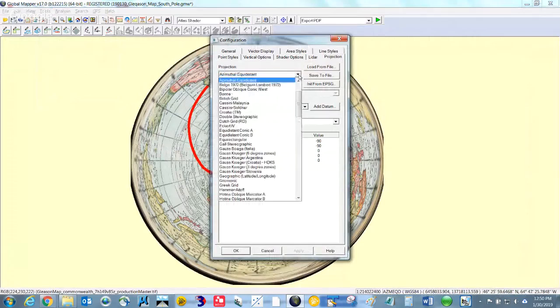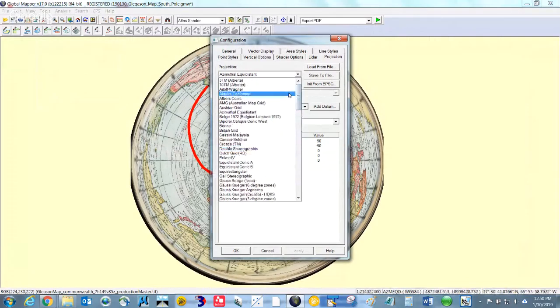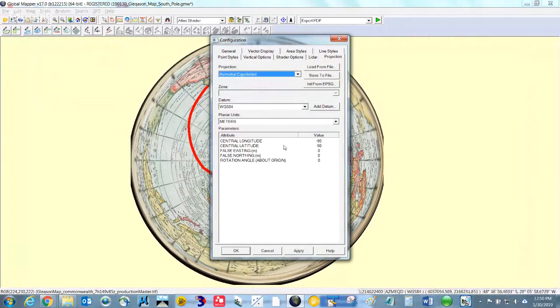By the way, there's a lot of different mapping projections, all very useful in different parts of the world. Just thought I'd show you that list. We're using the azimuthal equidistant. Right now I have the latitude centered on the South Pole. All I've got to do is take that negative sign away, and we'll flip it back up to the North Pole. Let's see what it looks like.